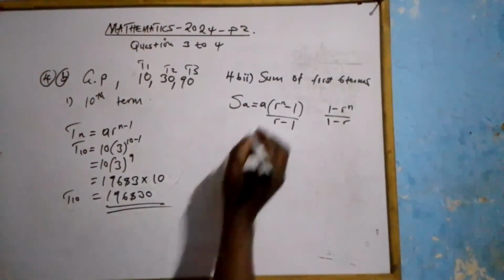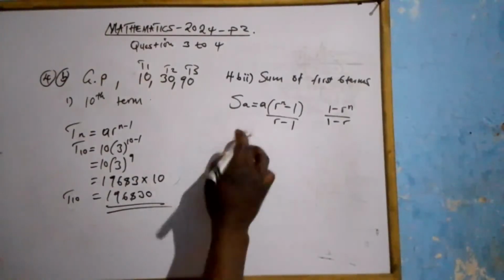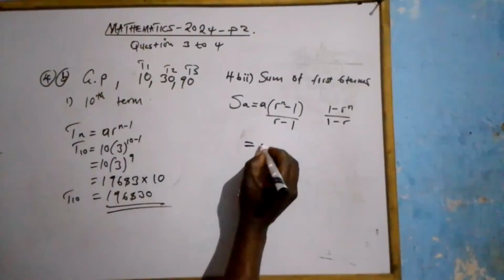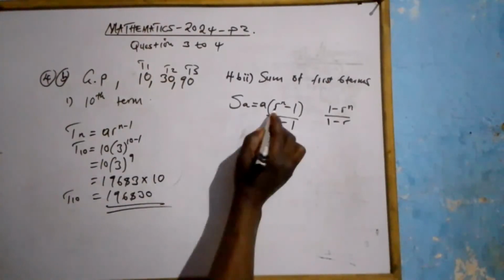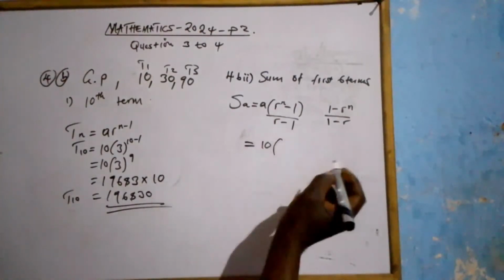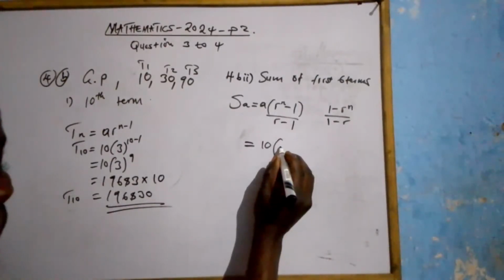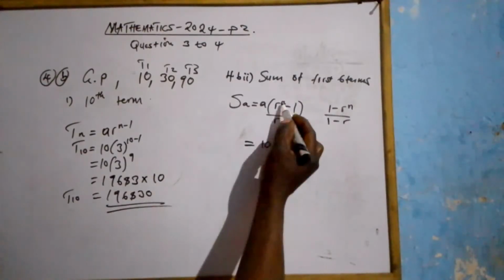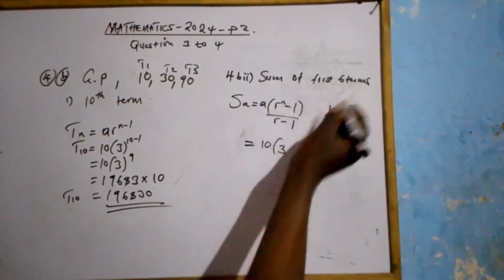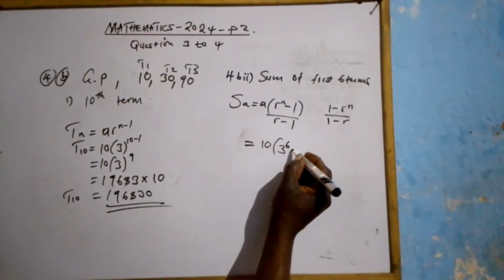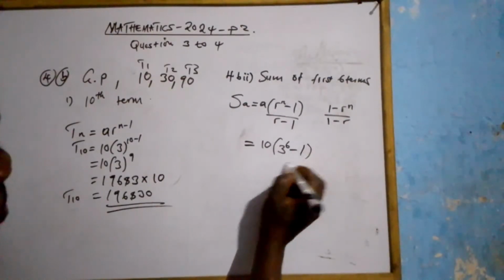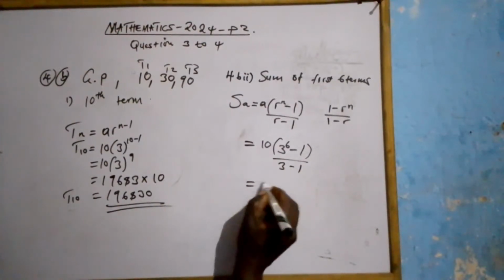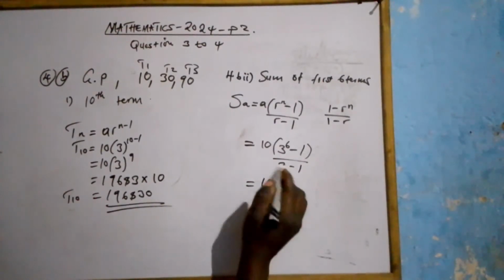Okay. So now from this formula, we have our first term, which is 10, then open bracket, r, we have found 3, to the power of our term, which is 6 terms, for the first 6 terms, which is power 6, then minus 1, then close brackets, then over 3 minus 1, which should be equal to 10, open bracket, 3 to the power 6.